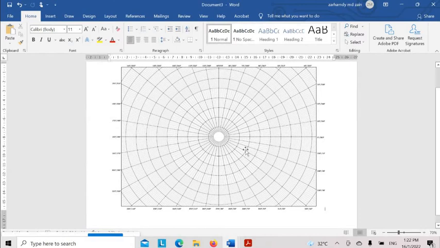Okay, so kalau kita lihat kat sini, kita ada berapa? Kita ada 3. 1, 2, 3, 4, 5, 6, lebih kurang lah.